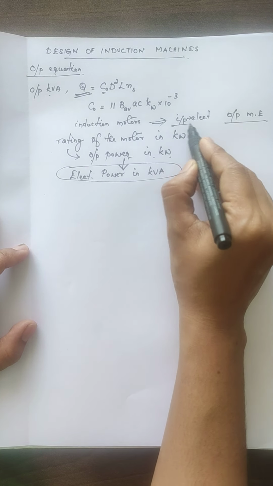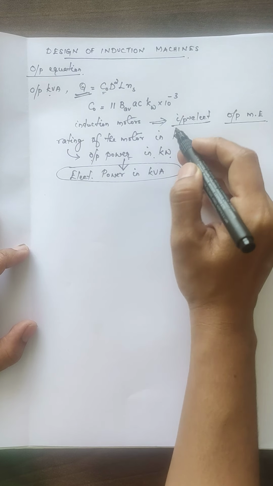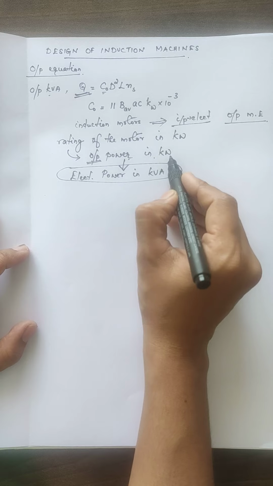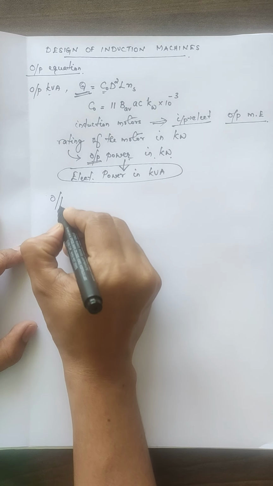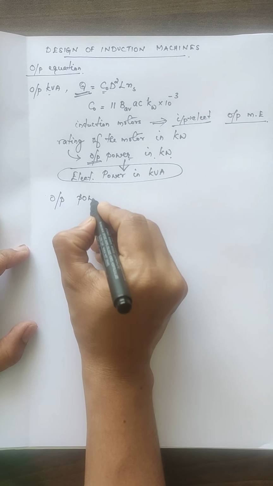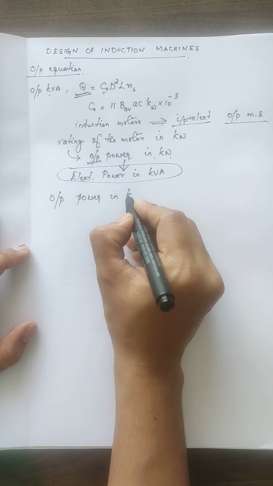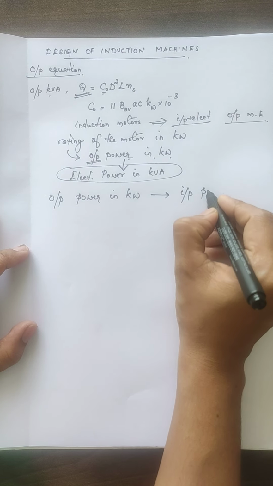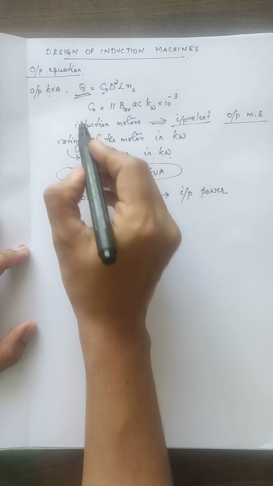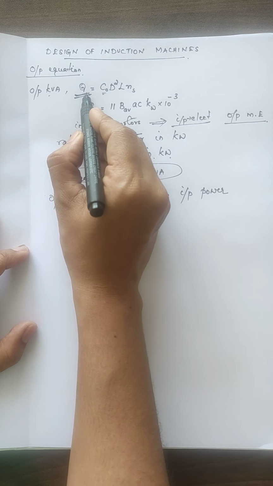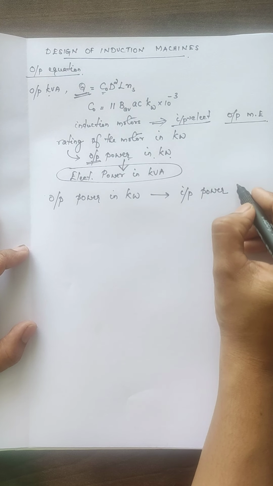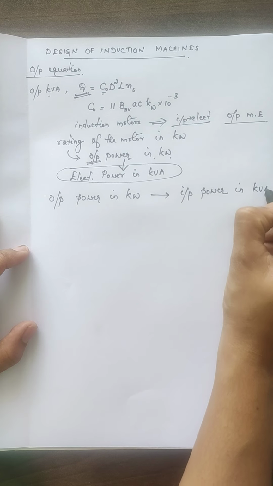It is in the input side. But we have the output power in kilowatt. So we have to convert output power in kilowatt into input power in kVA.